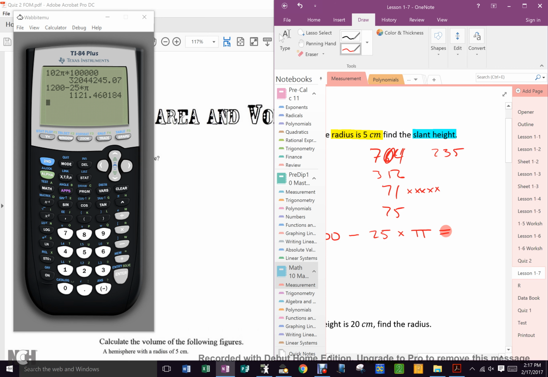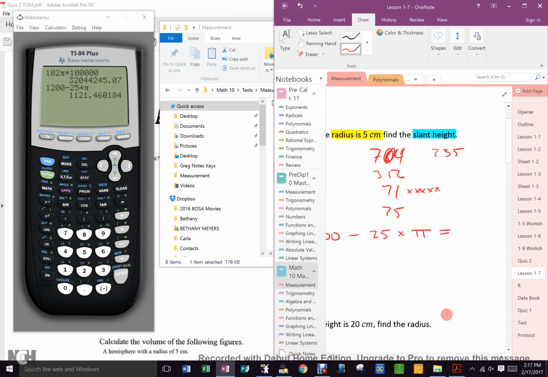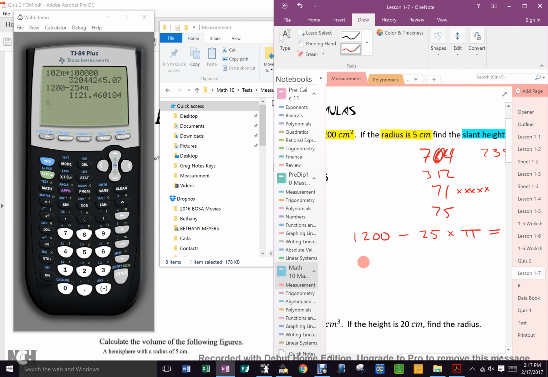So you take this answer after equals, and you now push divided by, open bracket, 5 times pi, close bracket, equals. Some of your calculators will say ANS there, some won't. Bracket 5 times pi, close bracket, equals 71.39. Okay. This will work for everybody.